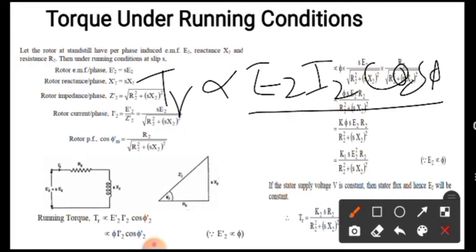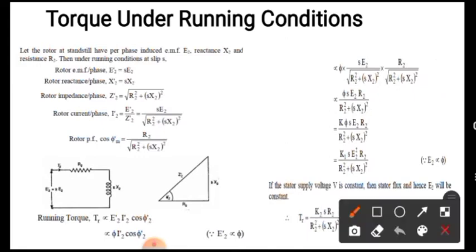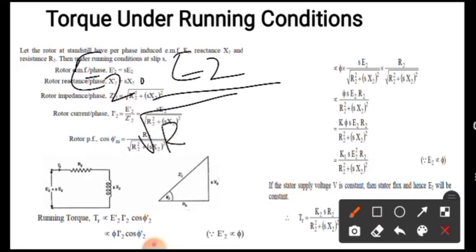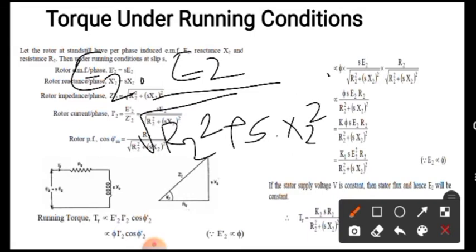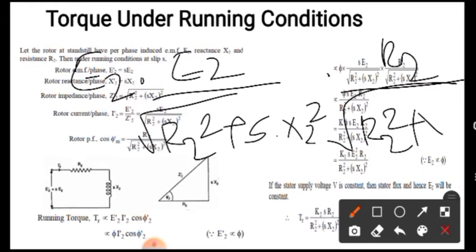Put the values of E2, I2, cos φ, then we get E2 multiplied by I2. The value of I2 is E2 divided by the square root of (R2² + (S X2)²), multiplied by the value of power factor, given as R2 divided by the square root of (R2² + (S X2)²).